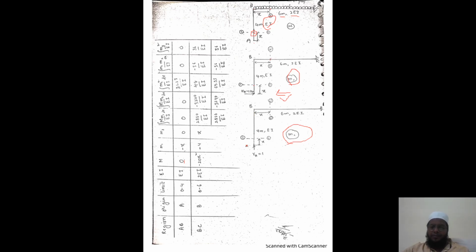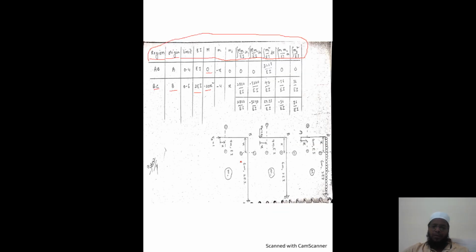This is point A. So VA 1 is going exactly towards section 1-1. What happens when the force is going towards the point? It will become 0. So for the M2 diagram, it is 0.